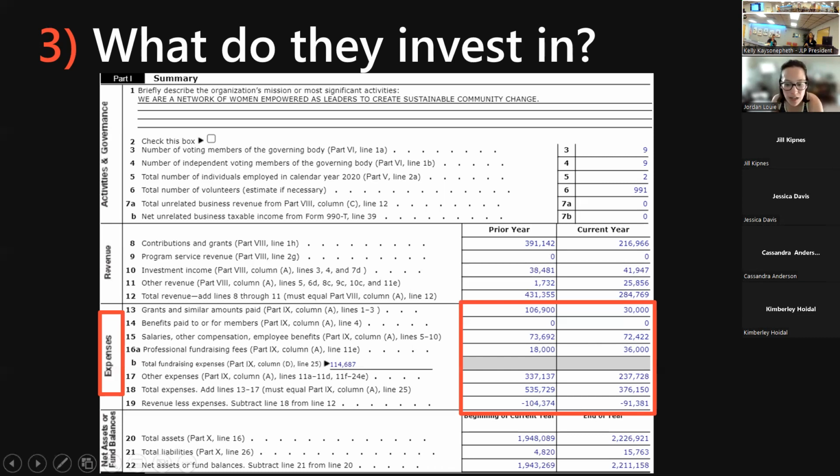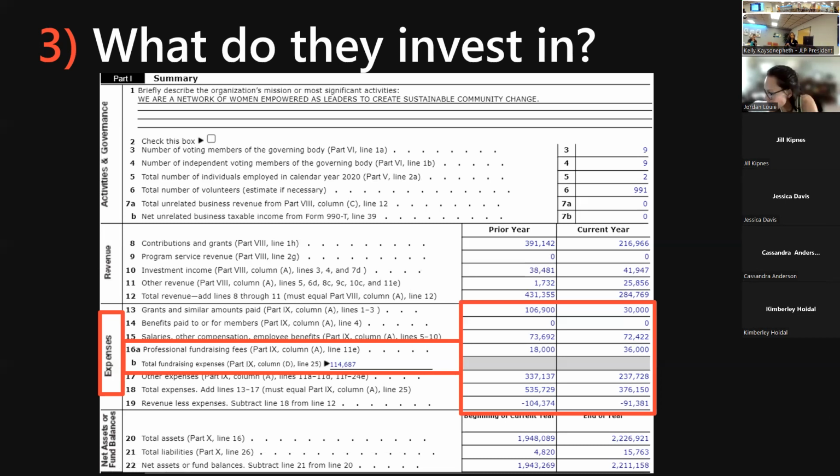So go all the way down. We're kind of skipping ahead, but all the way down to the very bottom. How large is the organization? What line number? It is at the very bottom, and I apologize, I didn't reopen my PDF.